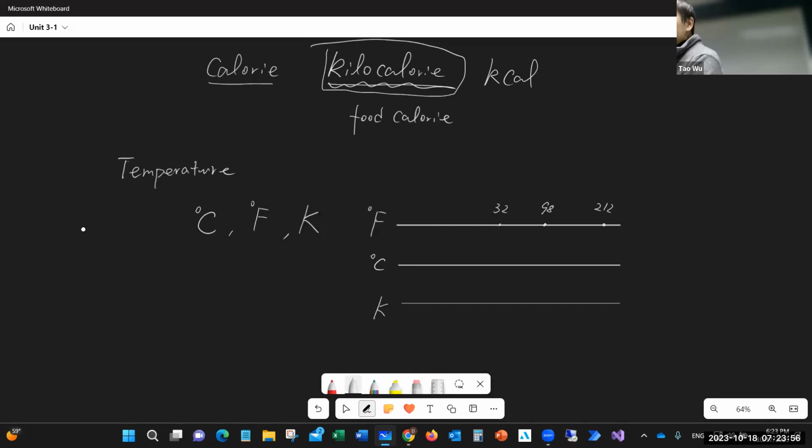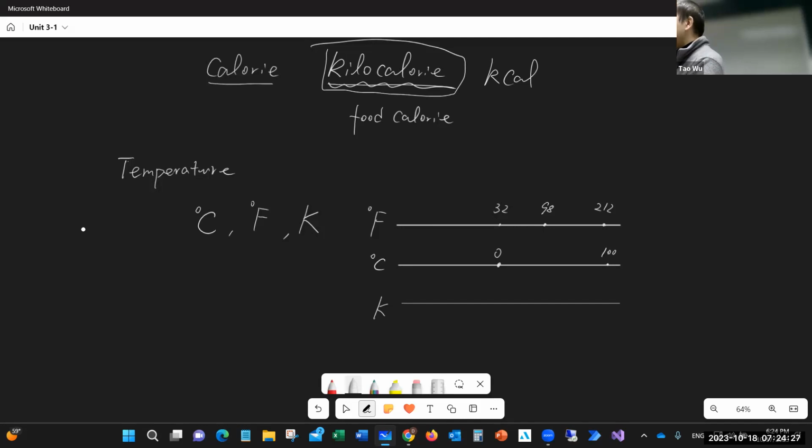And you know Celsius is 0 for the freezing point of water and 100 for the boiling point of water. So this 0 and 100 is actually defined by water. They just define water as 0 Celsius for the freezing point, and the boiling point of water as 100 Celsius.